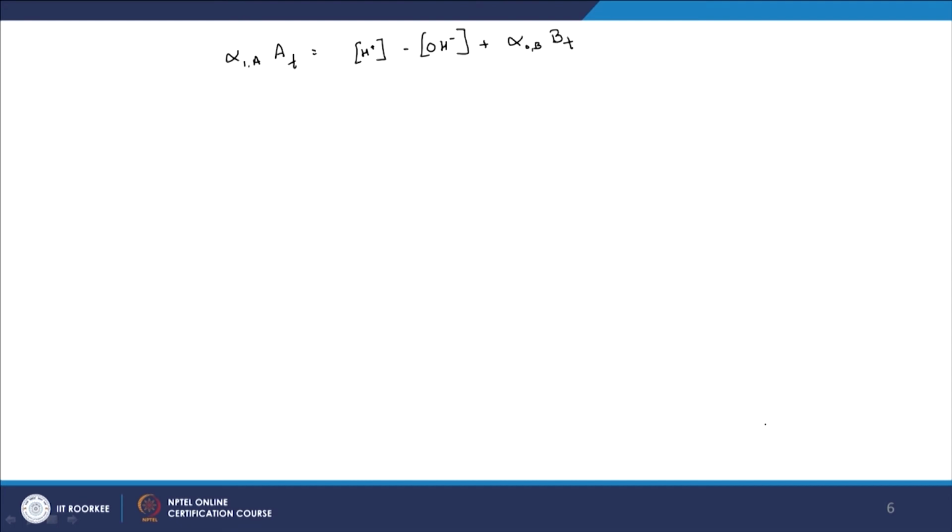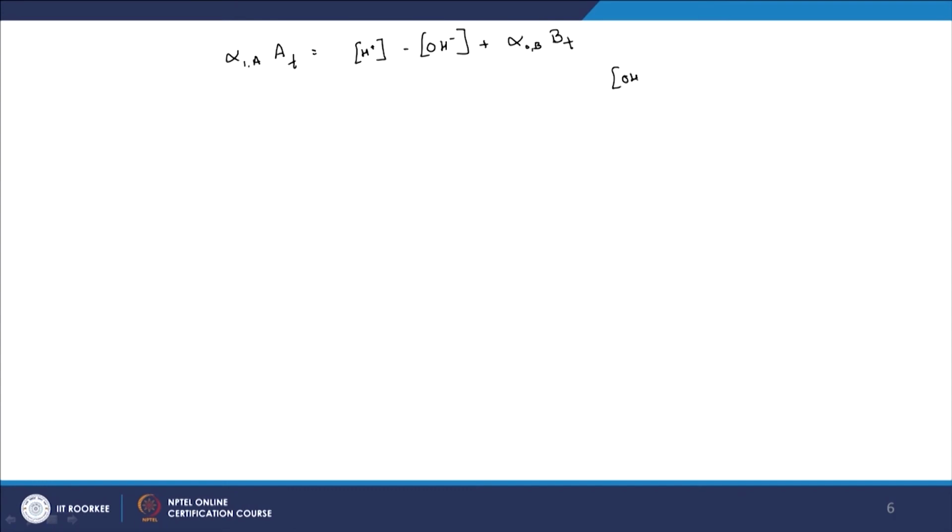So here we are going to make a few assumptions to arrive at our answer. Since we are adding an acid, I am assuming that the equivalence point is going to be in the acidic region. So we can assume that the OH minus concentration is negligible, and we are also going to assume that the acid you are titrating the solution with is a strong acid. Let us see what that means.